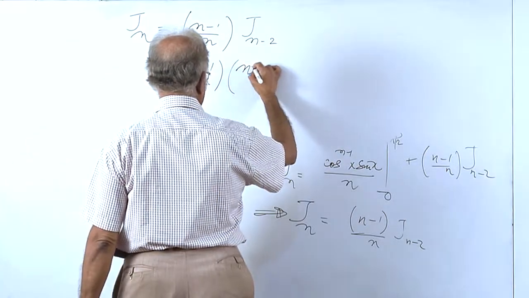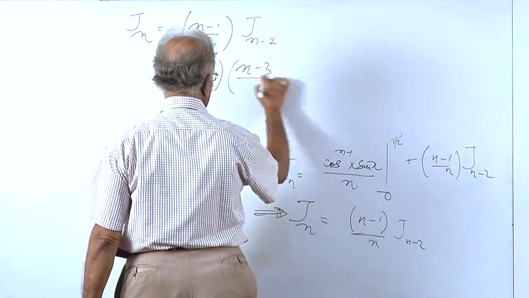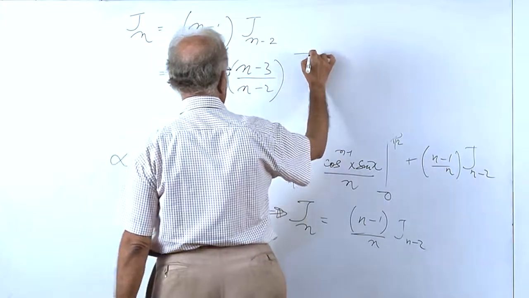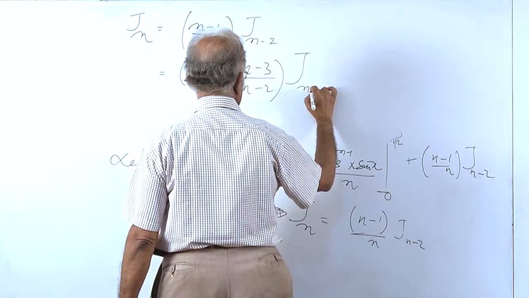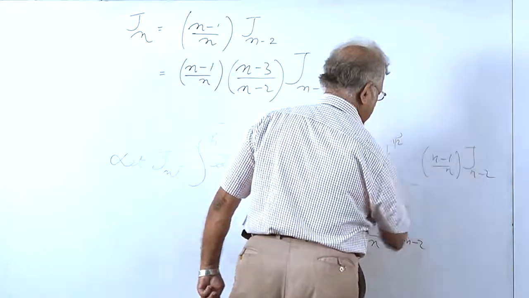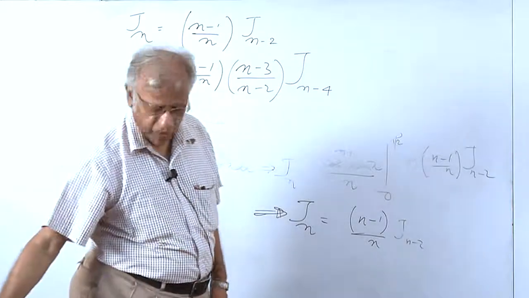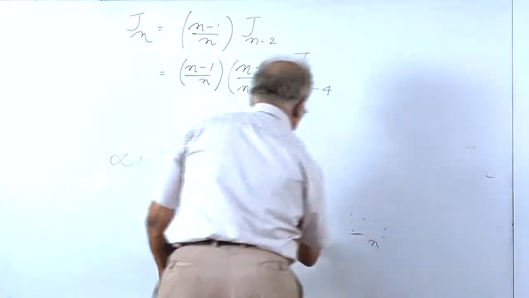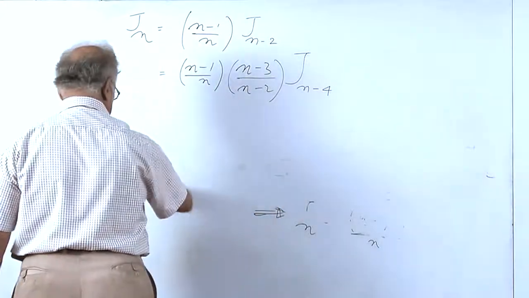So this becomes n minus 3 by n minus 2 J of n minus 4. And J of n minus 4 can be replaced by another expression depending on n, which we will write just now.